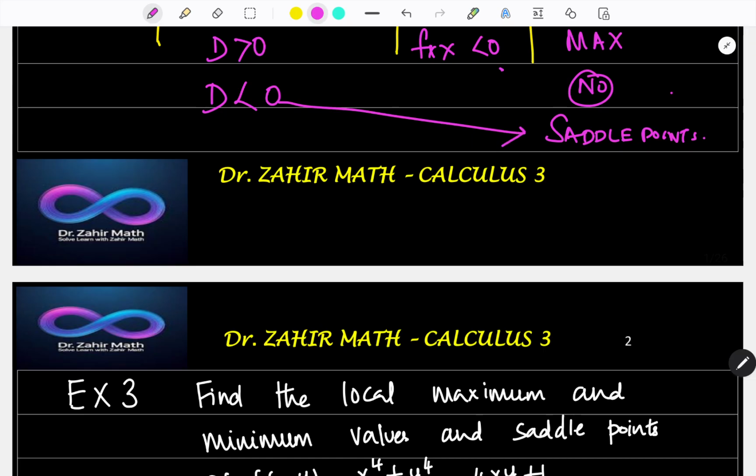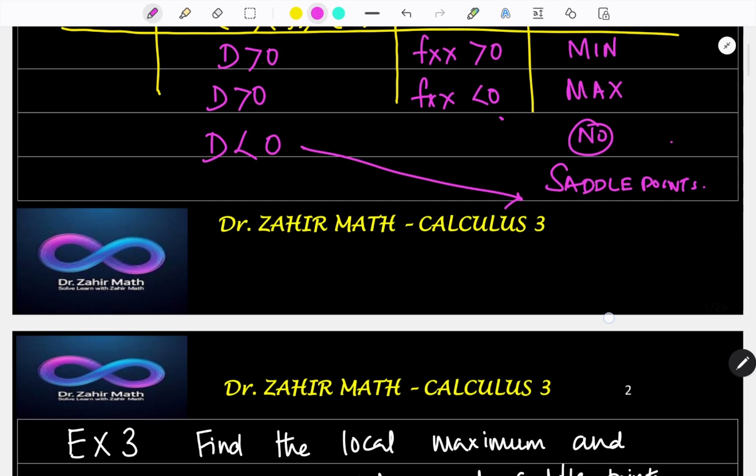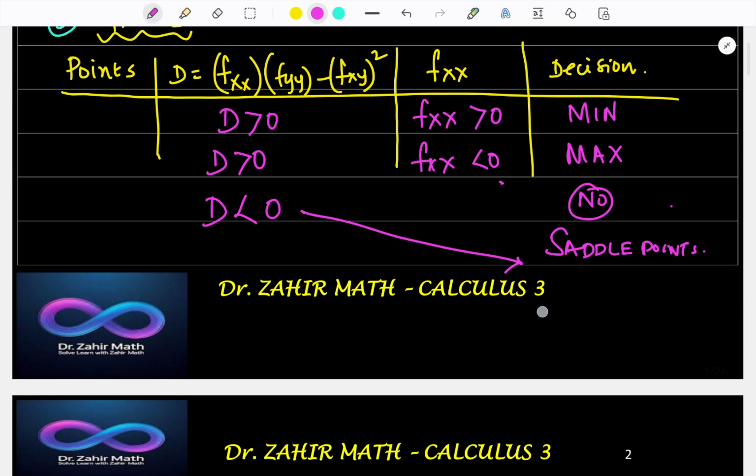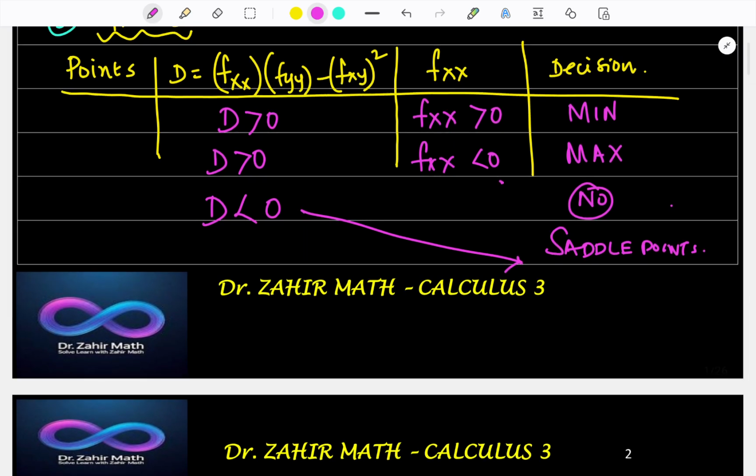So we are not going to discuss when D is less than 0; keep that in mind. We are going to discuss only D more than 0, and fxx more than 0 or fxx less than 0. Here you have the points, sometimes 1, 2, 3, or even 4, depending on the problem.